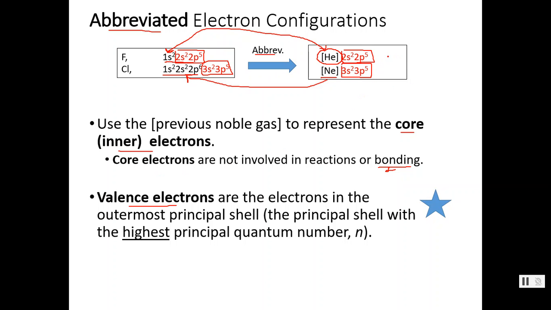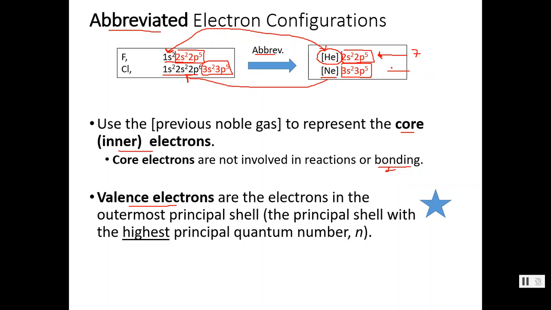Looking at fluorine, how many valence electrons do I have? In my abbreviated electron configuration, I have 5 electrons in the 2p and 2 electrons in the 2s. So fluorine has a total of 7 valence electrons.